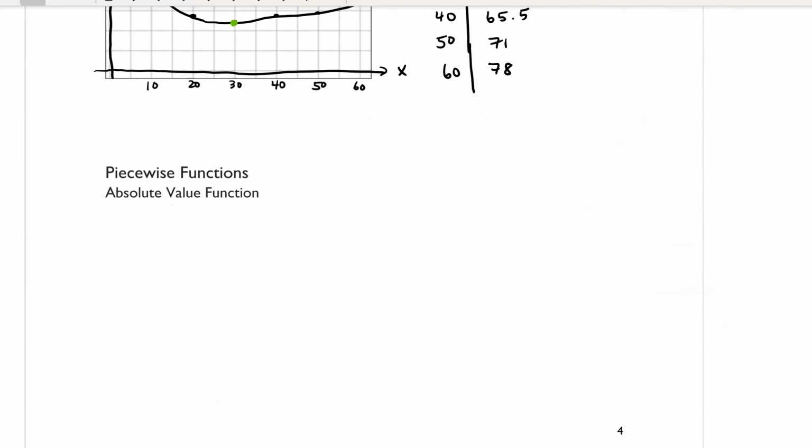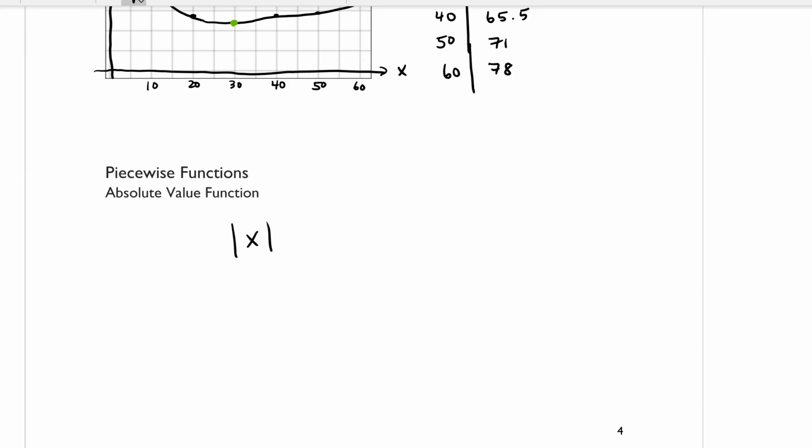Now, we're going to talk about another kind of function, and these are called piecewise functions, and we've touched on them in an earlier unit when we started talking about functions in general, and you should have seen this example when we first talked about it, but let's remind ourselves.